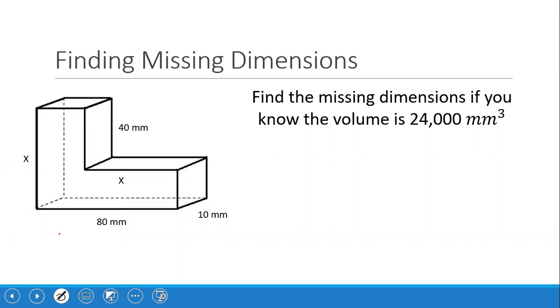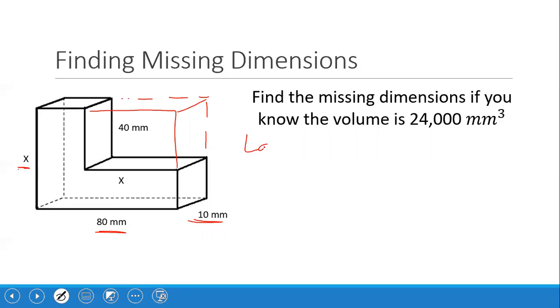So instead, what I'm going to do is extend this out so that I have a larger prism. If I look at that entire thing, I know that the width is 80, I know the depth is 10, and I know that the height is x.